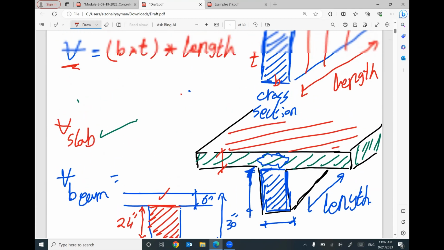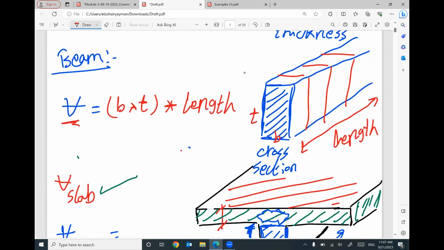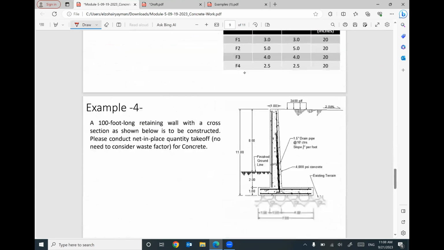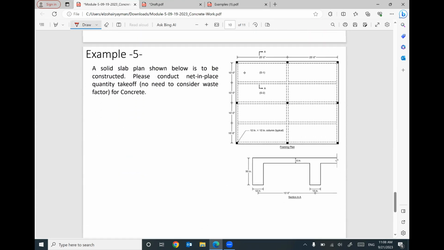Also, let me do an example for the slab and the beam. We have an example here. We are given a solid slab. Keep in your mind, this is called a plan. If you look at the floor from the top, you will find this is the plan, just the area of the slab.